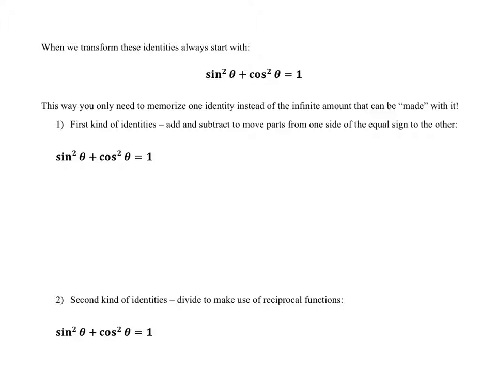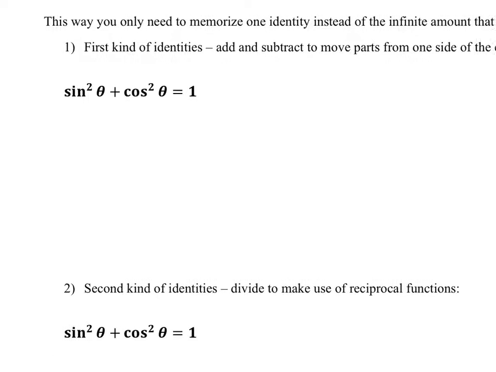Okay, when we transform these, we have to go from this to other things, using what I was just talking about with the sine squared and the cosine squared. We can add and subtract and move these things around and make different things. So if you can add and subtract, you don't technically have to memorize these, but you do have to be able to transform them yourself.